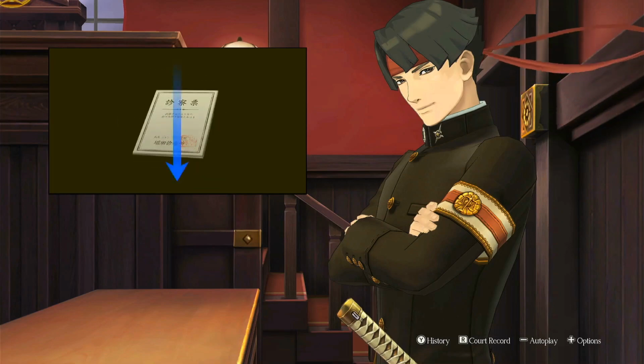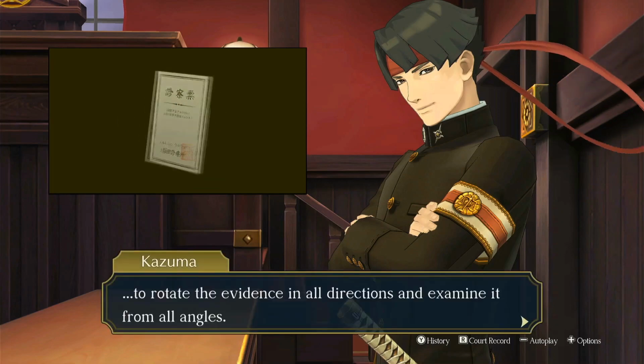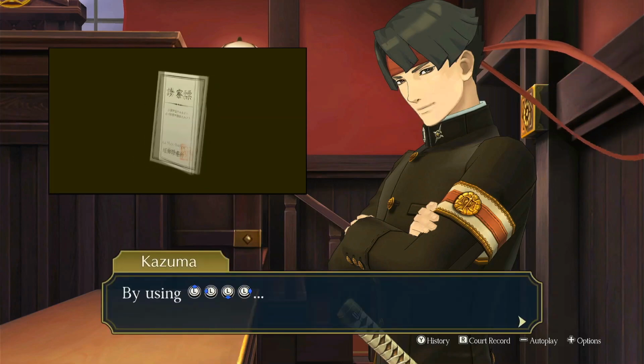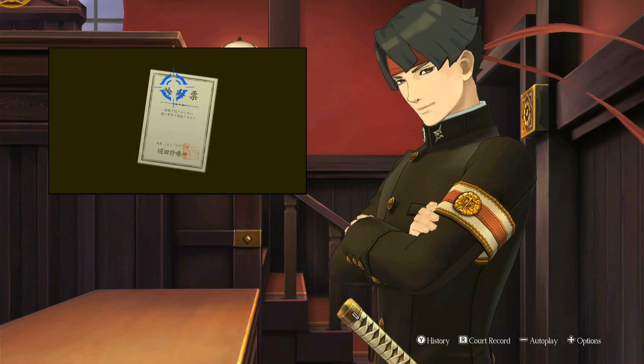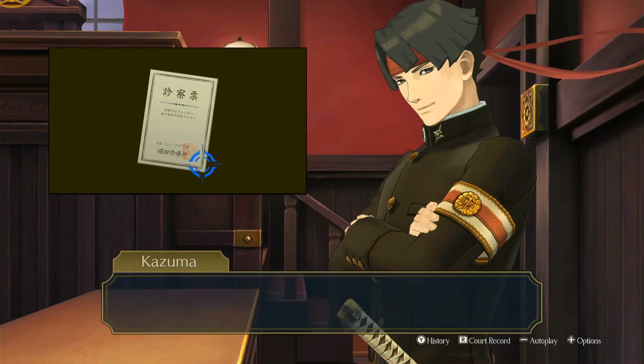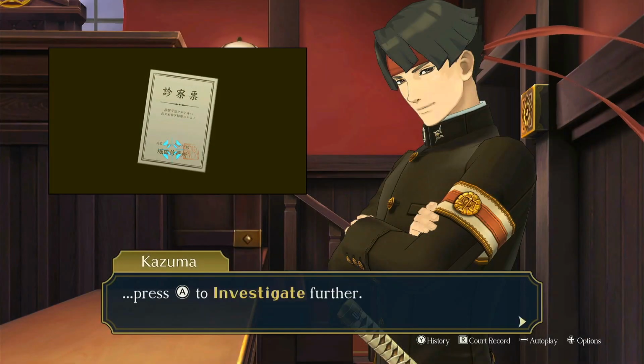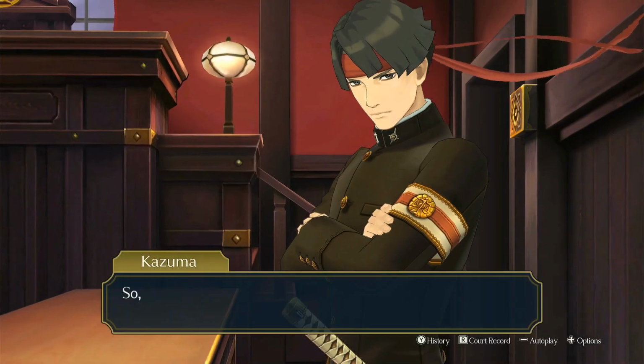We can manipulate the evidence on a 3D axis essentially, and rotate it to click on it from all angles if need be. And the crosshair will change once we find something we can investigate further.